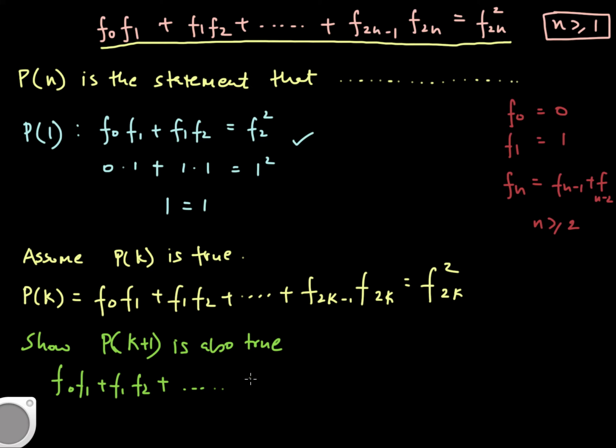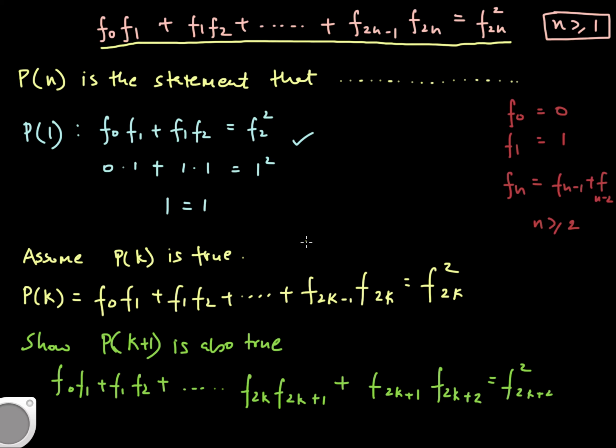So when I do that, this is going to be f of 2k times f of 2k plus 1 plus f of 2k plus 1 times f of 2k plus 2 equals f of 2k plus 2 squared. Okay, so all I've done here is I've just gone to my proposition P of n, replaced n with k plus 1, and this is the entire green expression that follows over here.